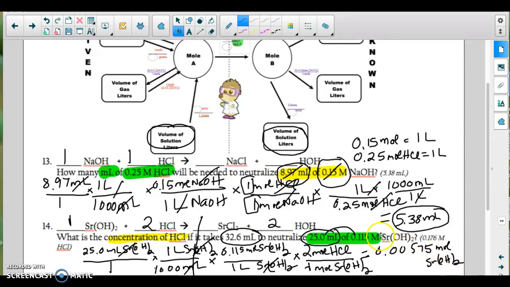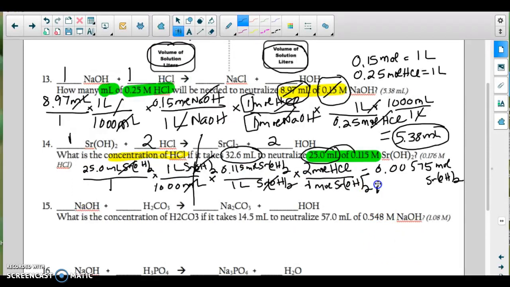Then to calculate molarity, I'm going to take those moles and divide them by the liters of, sorry, this is not moles of strontium hydroxide. This is moles of HCl. So I'm going to calculate the concentration of the HCl by taking the moles of the HCl divided by the liters.